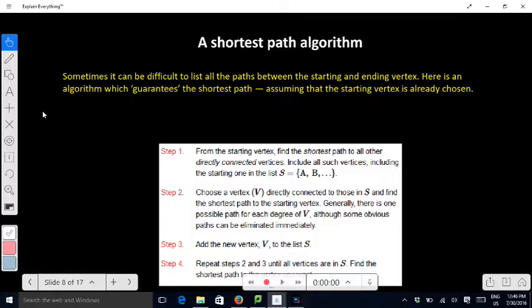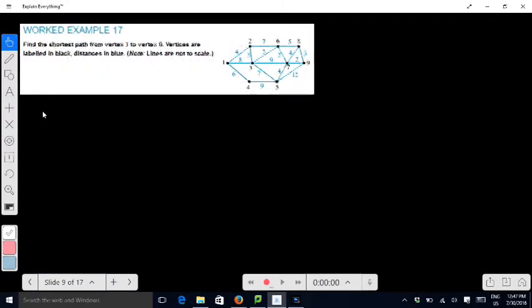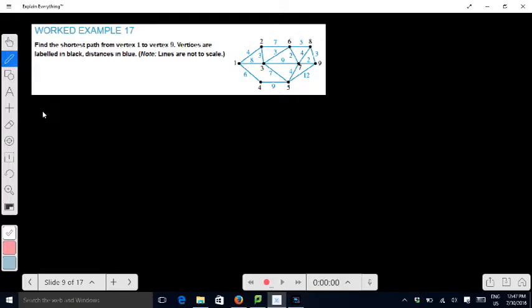Generally, there is one possible path for each degree of V, although some obvious paths may be eliminated immediately. Add the new vertex V to the list and repeat steps 2 to 3 until we find the vertex that we want. Alright, let's go through it.